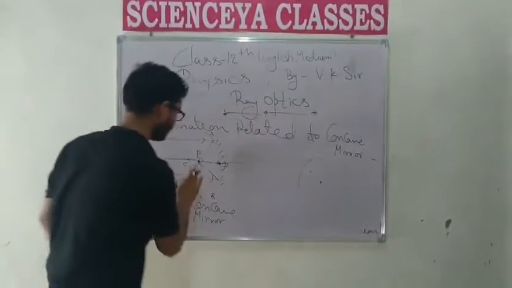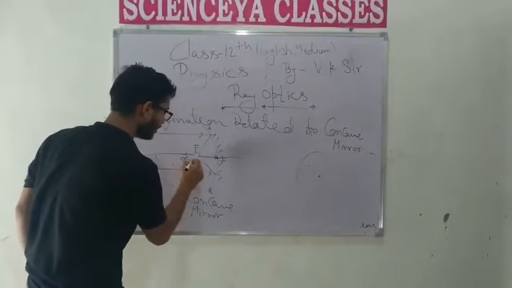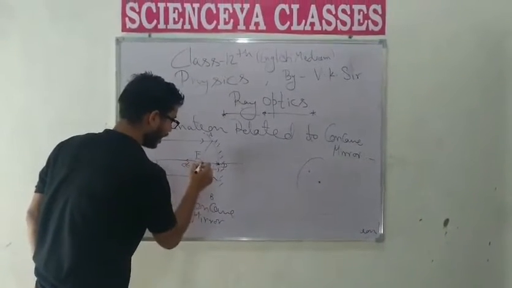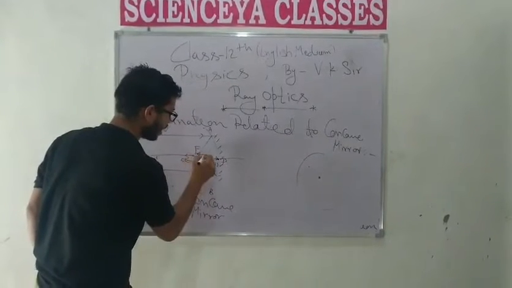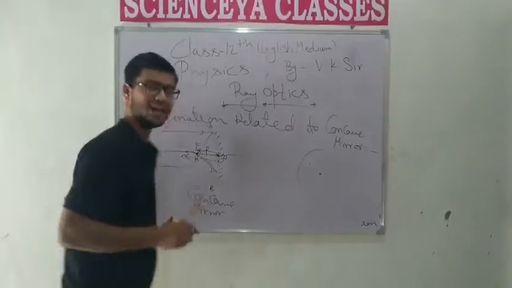This is the distance R, the radius of curvature, and the distance between the principal focus and the pole is called the focal length.